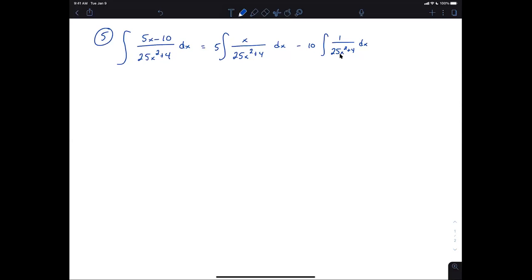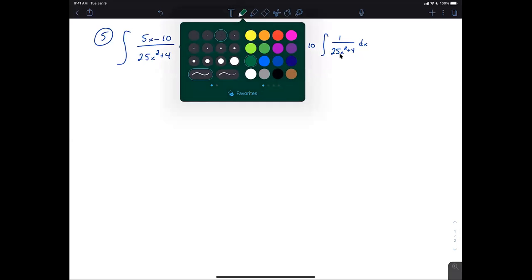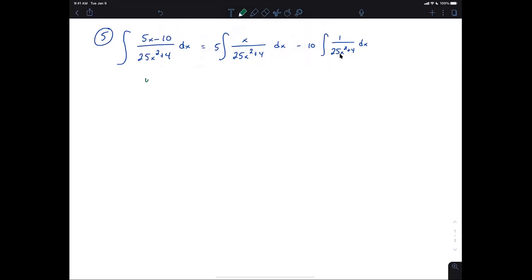And so what we're going to do is on the one on the left, and I'm going to do this in 2 different colors for the rest of the problem. So we're going to say the one on the left, we're going to go with u equals 25x squared plus 4. So then du is 50x dx.